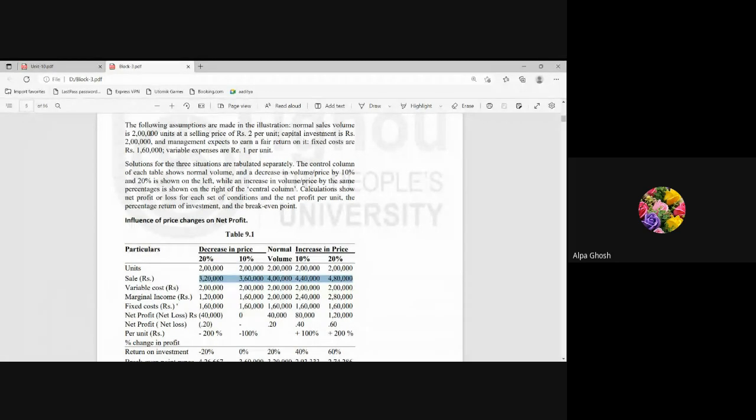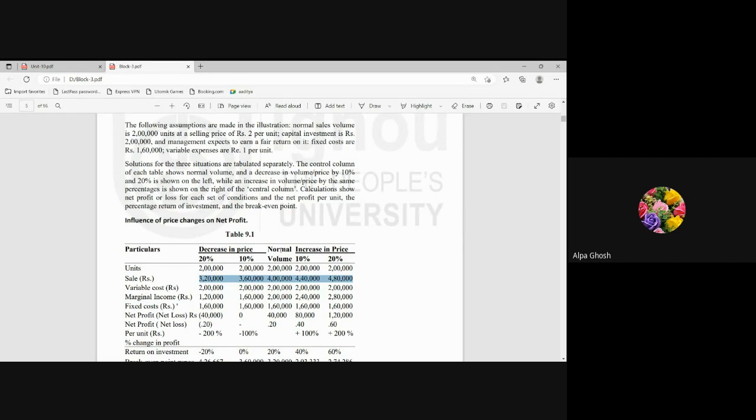It is 2 lakh units, and the selling price of each unit is 2 rupees. So what is the sale amount of 2 lakh units? It is rupees 2 multiplied by 2 lakh. The answer is 4 lakh. So when we talk about normal sales, the normal sales is 4 lakhs.